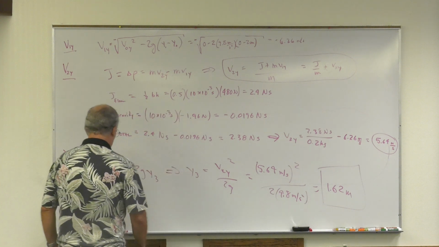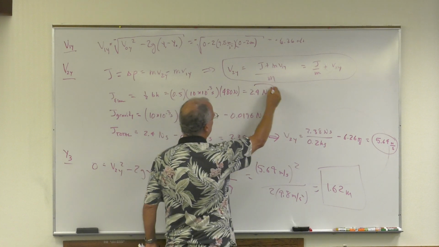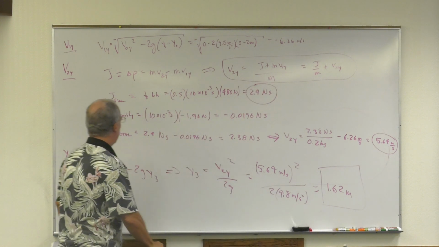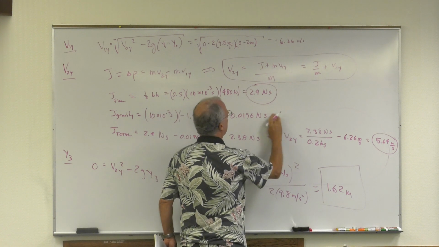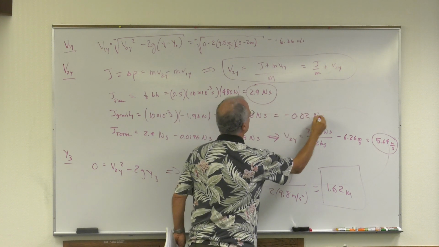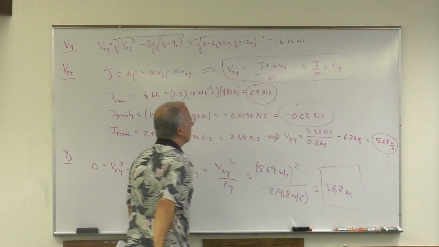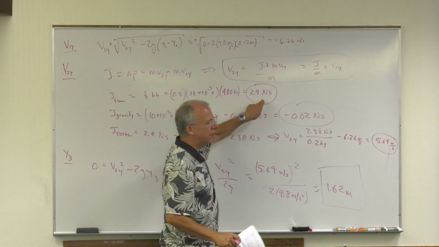All right, now let's look at these impulses. The impulse from the floor was 2.4 Newton seconds. The impulse from gravity was, let's just say, approximately equal to minus 0.02, right? Okay, so is this really important relative to this?